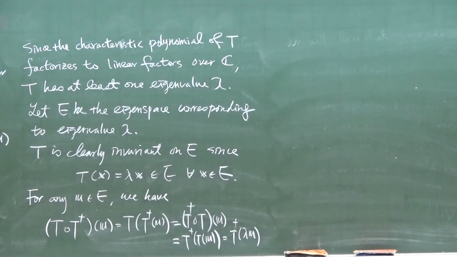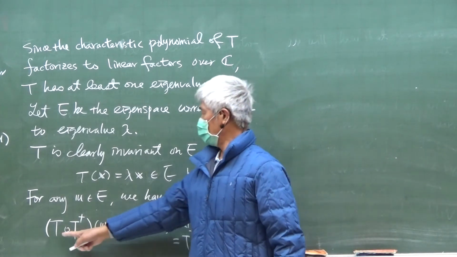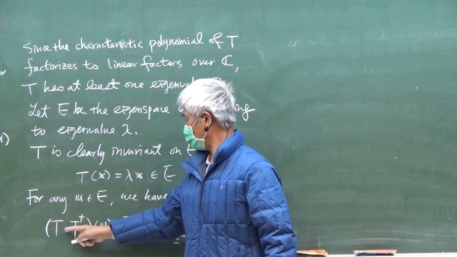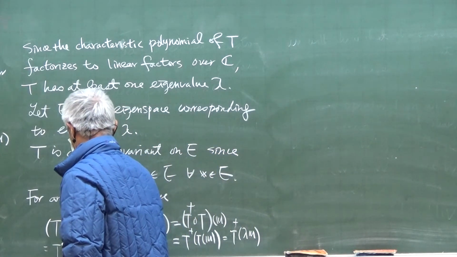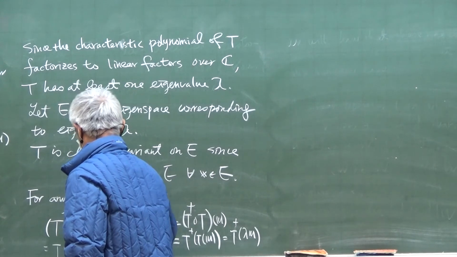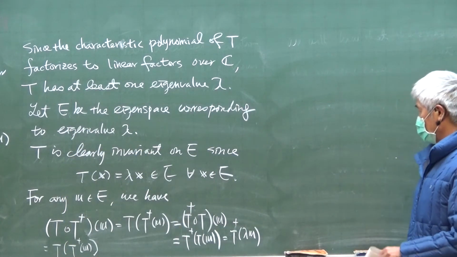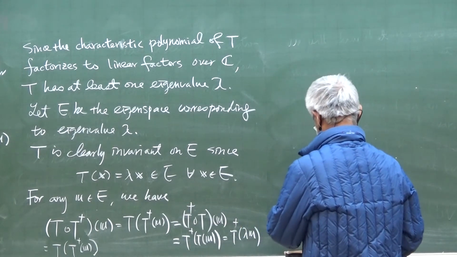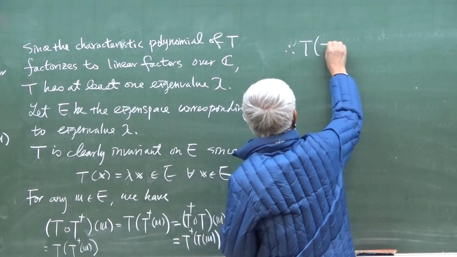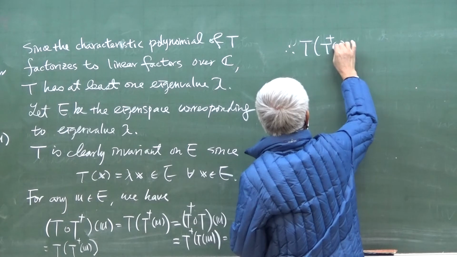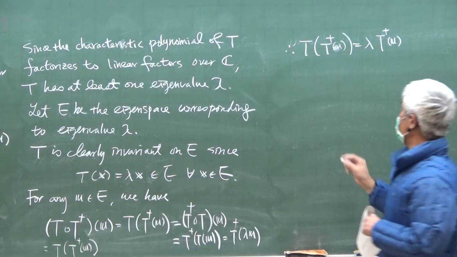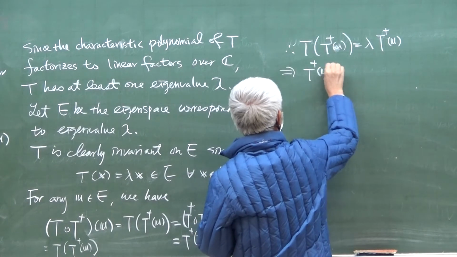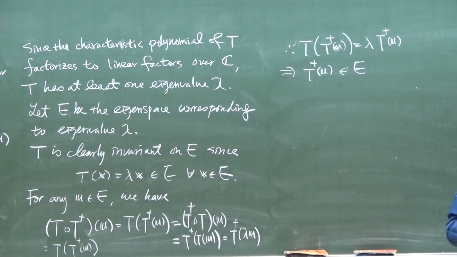So from normality, because we assume T is normal, T composed with T dagger is equal to T dagger composed with T. Now from here, this one is lambda T dagger u. So that we have T on T dagger u is equal to lambda T dagger u, which implies that this image T dagger u must be in the eigenspace.